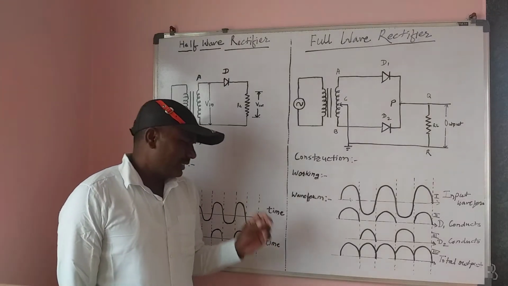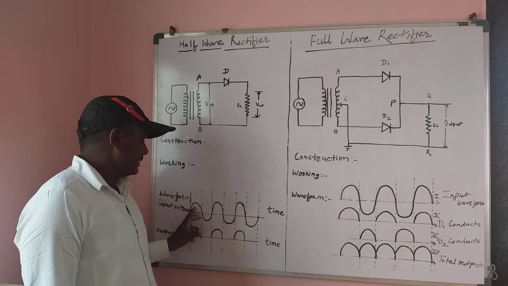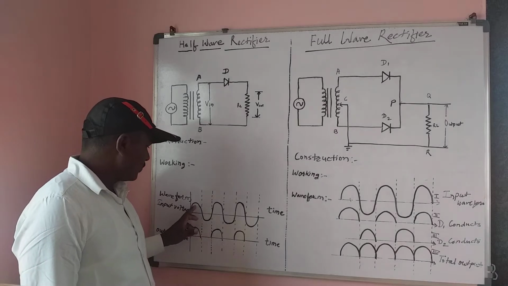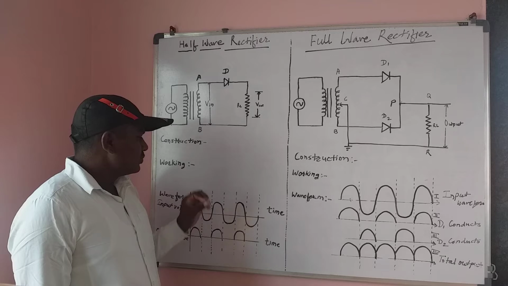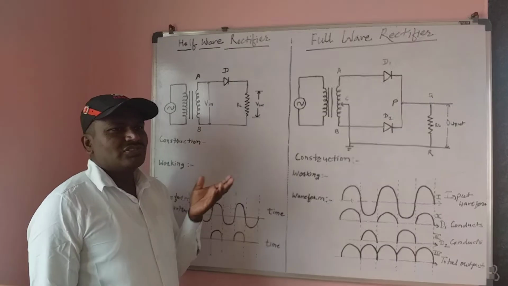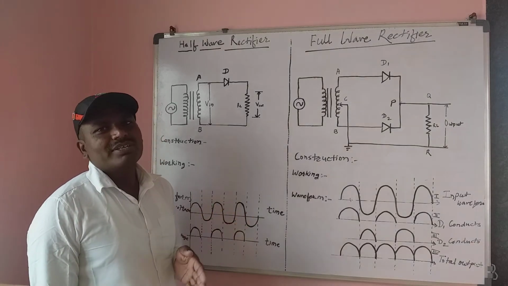We know that AC input voltage varies sinusoidally. If we look at the AC input voltage, it has positive half cycles and negative half cycles. When we use this AC voltage for a charger or TVs, it should be converted into DC.